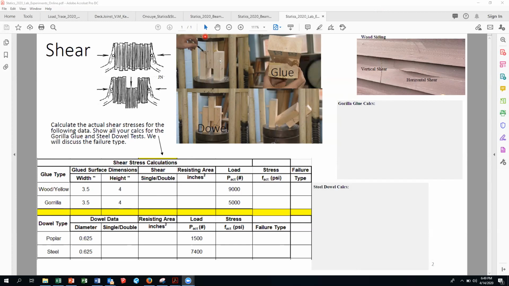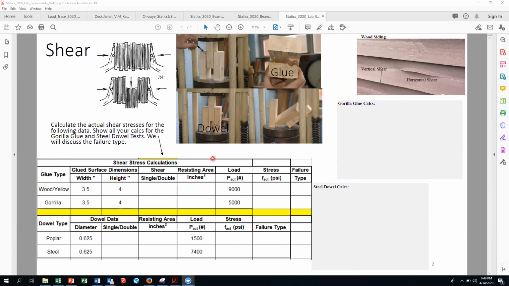Can I explain what I did to get my answer? I did the 3.5 times 4, which equals 14, times 2, and then I divide that by the 9,000. Is that correct? It's 9,000 divided by 3.5 times 4 times 2.